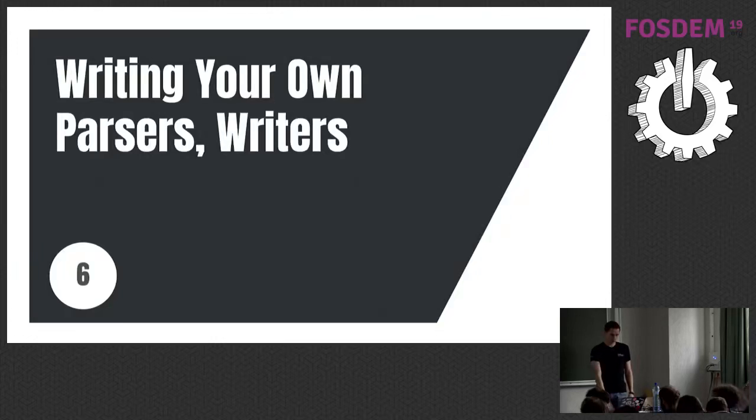In terms of writing your own parsers and writers, I'm going to give a very quick summary of this, but I find it tends to be very hard to explain this stuff in the form of a presentation, so I've given a whole load of links at the end of this presentation, and the slides will be shared afterwards. That's probably as good a resource as any, and I'd recommend reading into those if you're interested in this.